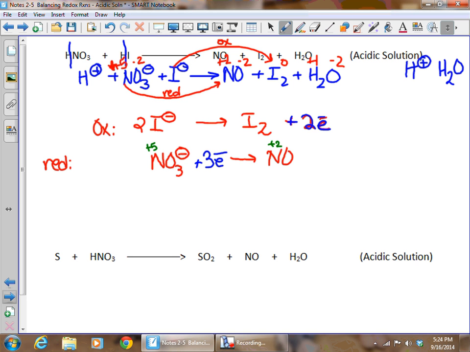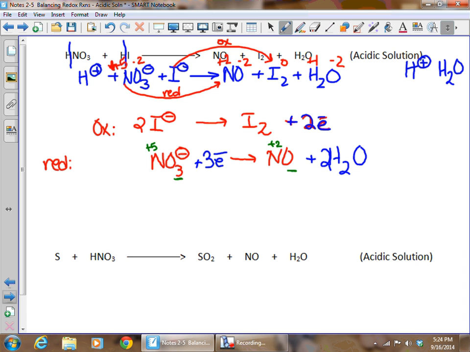We can use those wherever we want to get whatever we need balanced. And the rule is to always get the oxygens balanced first. If you notice over here on the left, we have 3 oxygens and only 1 oxygen over here. So it looks like we are missing 2 oxygens on the right-hand side. And the way we make up for oxygens is with water. So we're going to add some water over here. Think about how many we need. We need 2 waters to balance out those oxygens.